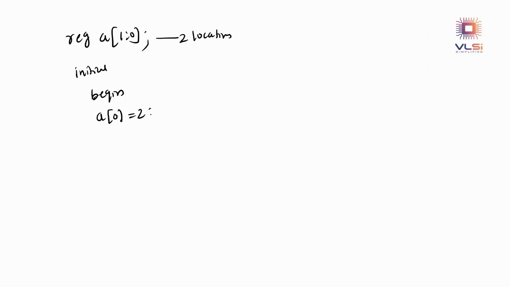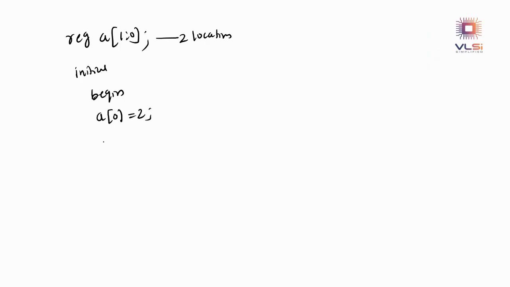So if you see an example, let's take reg a[1:0]. So how many locations? Two locations. So this is nothing but an array. Initial begin.